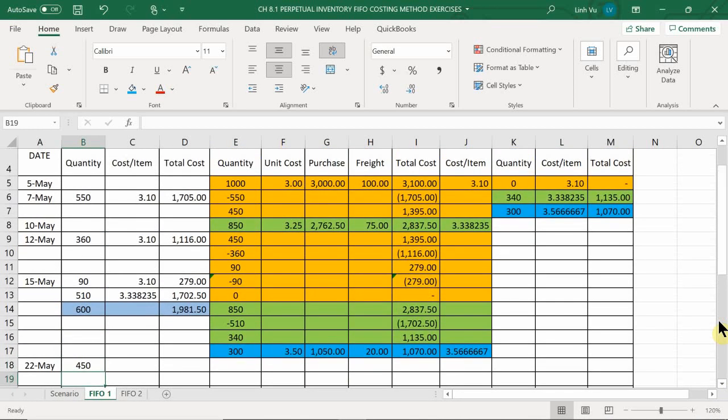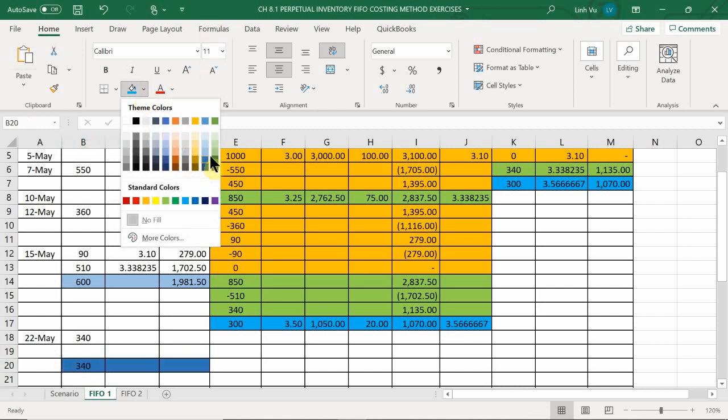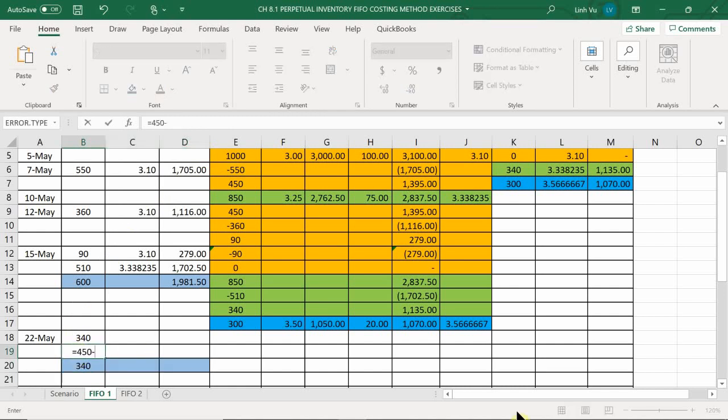Which batch are we going to sell out from first? The green batch of 340. That's definitely not enough to get to 450. So how much more do I need to sell from my blue batch? We need to sell 110.